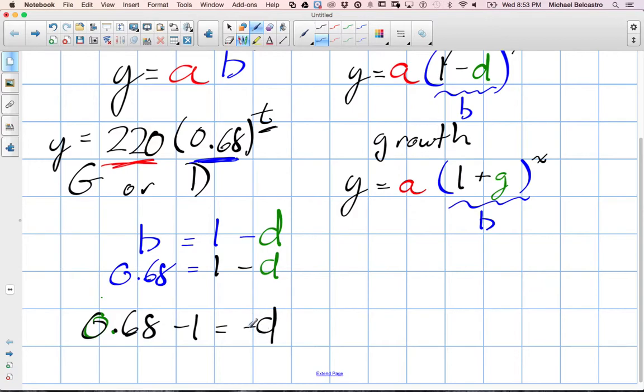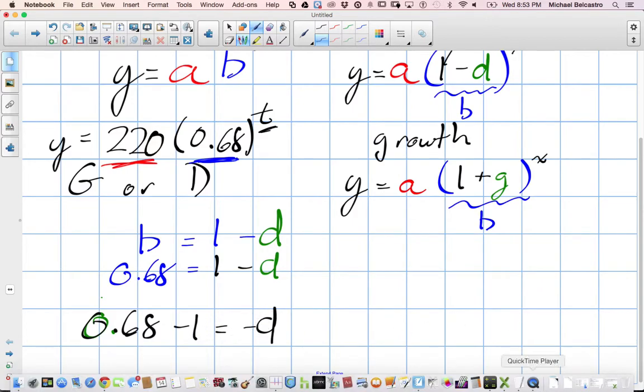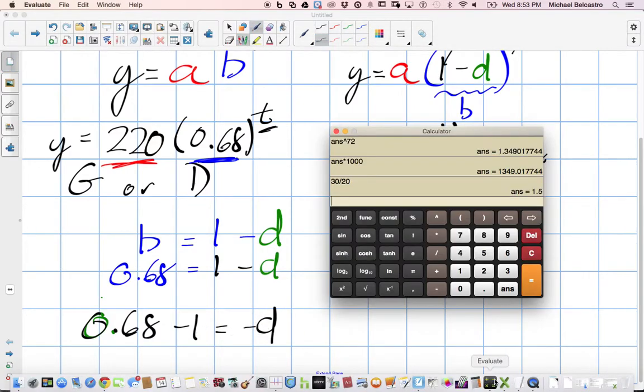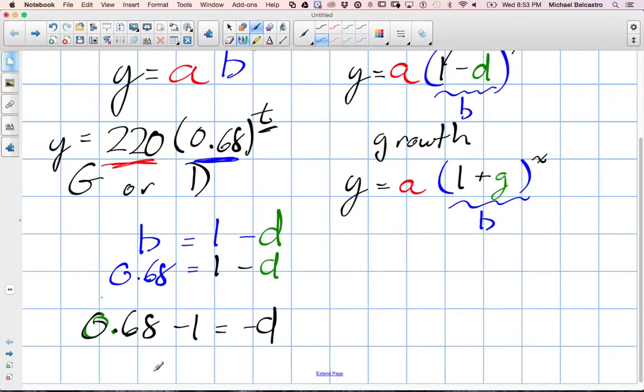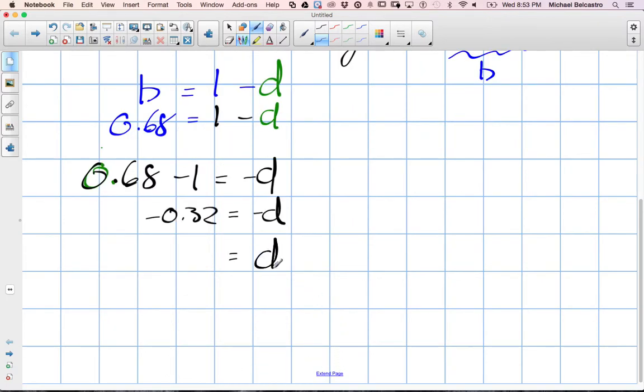Using the calculator, 0.68 subtract 1 gives us negative 0.32. So negative 0.32 is equal to negative d, which means positive d equals 0.32.